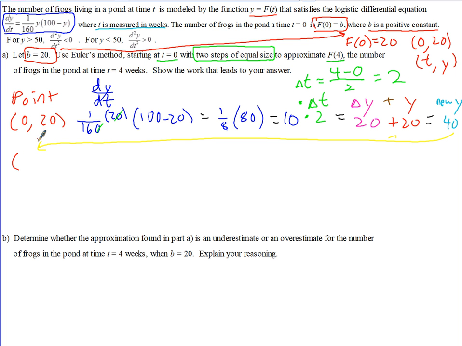Okay, so this time, again, the t-coordinate increases by the step size, which is 2. So 0 plus 2 is 2, and then the new y-coordinate we just estimated is 40. And again, our derivative just uses y, it doesn't use t at all. So we'd have 1/160 times the y-coordinate, now 40, times (100 minus 40).